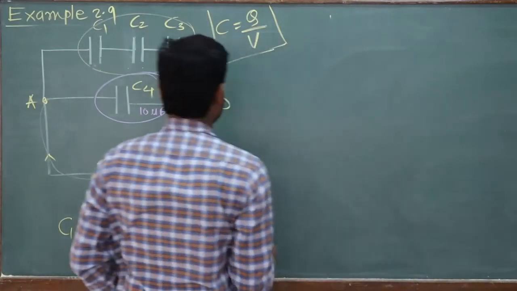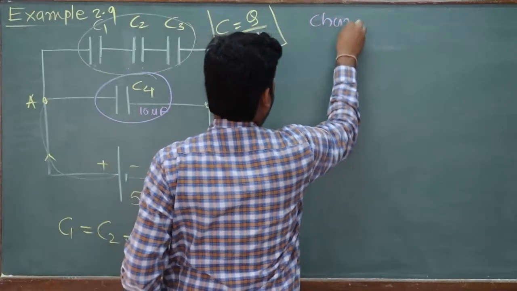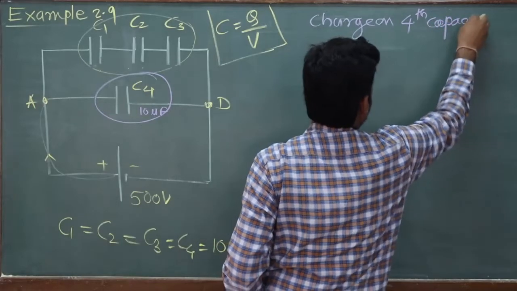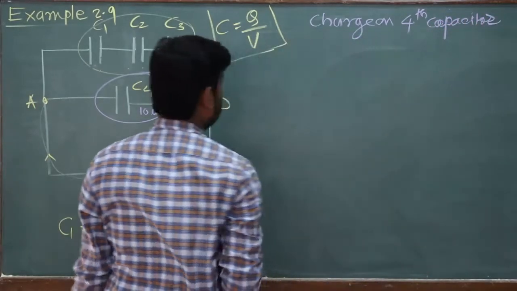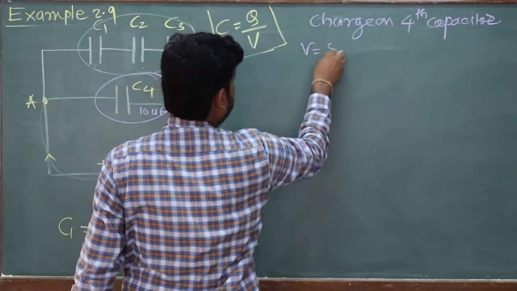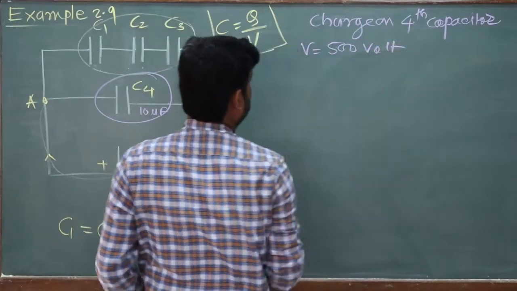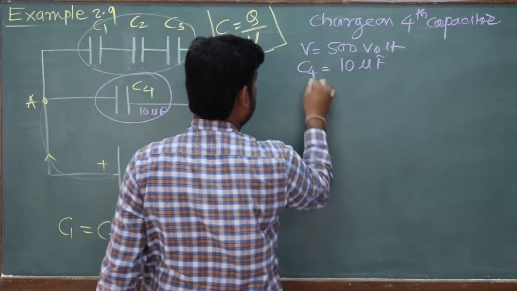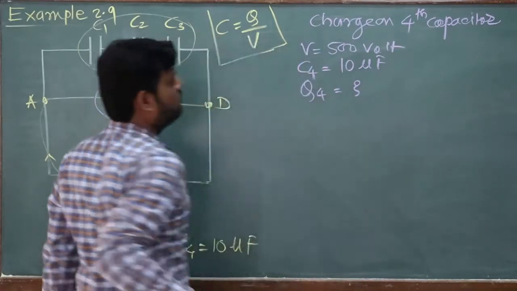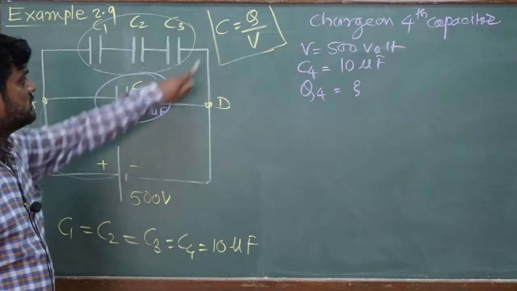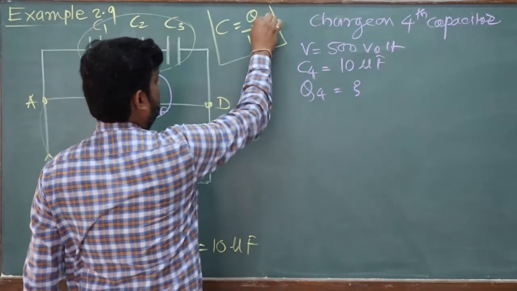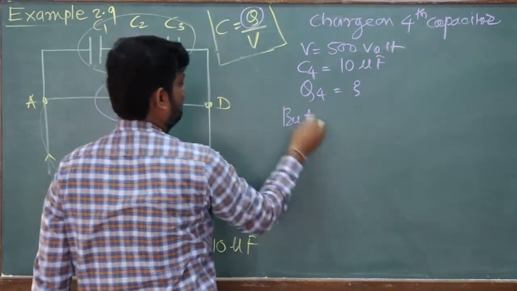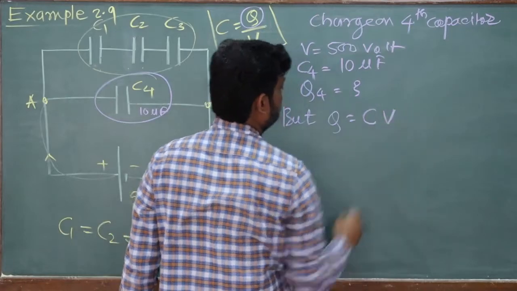See, for the charge on the fourth capacitor, the value of V is 500 volt and C4 is given, that is 10 microfarad. Q4, the charge on the fourth capacitor, you can calculate using this formula. Q equal to C into V. What is the value of C?